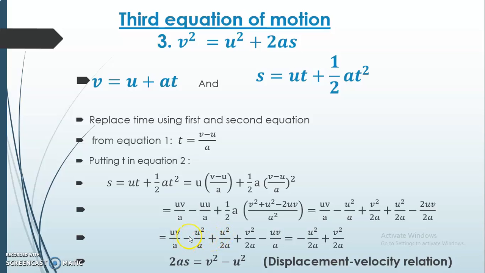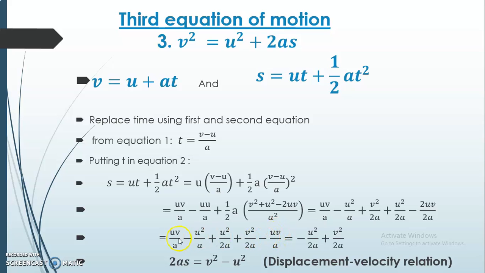One is in negative and the other is in positive, and here half of it is there and this is one full unit. So you can write it as minus u square by 2a. Okay. And this is v square by 2a, which is written over here.